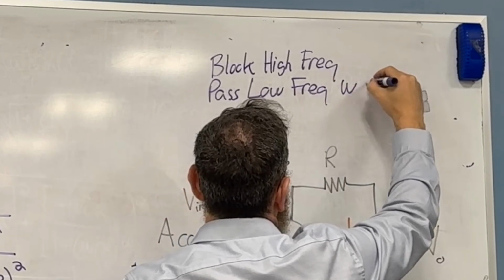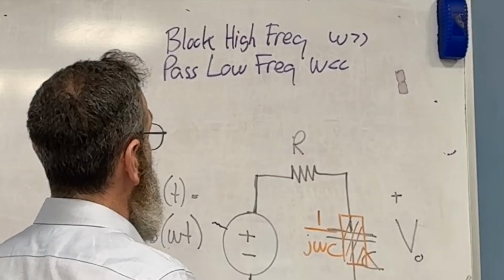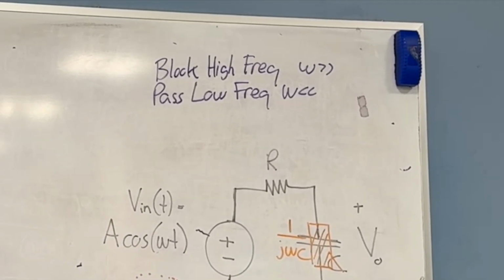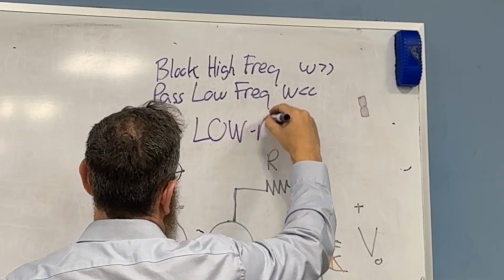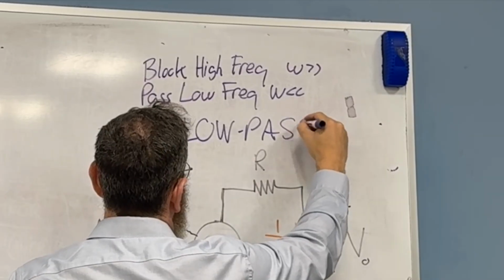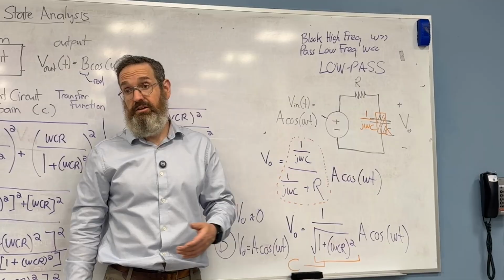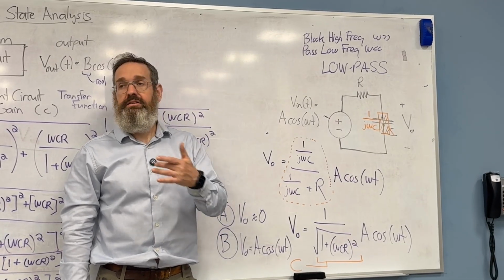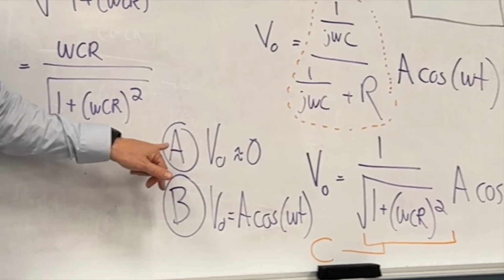What we previously talked about is this and this. A high block, low pass, so it's just going to be called a low pass. This circuit is referred to as a low pass, or specifically a low pass filter. Low pass means that low frequencies pass and high frequencies do not pass.